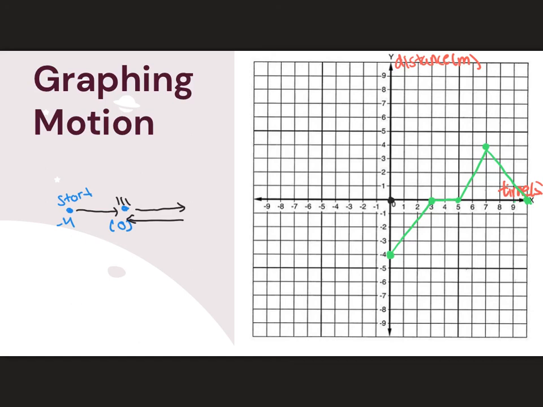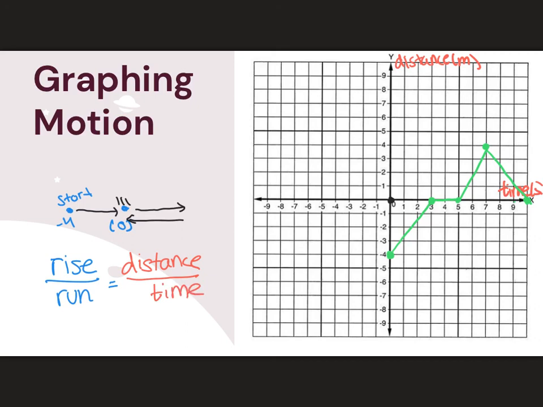And one of the things that I want to note and have you think about is, what does this slope mean? Okay, let's think about slope. Slope is my rise over my run, okay? If I look at this graph, my rise is equal to my distance and my run is equal to time.